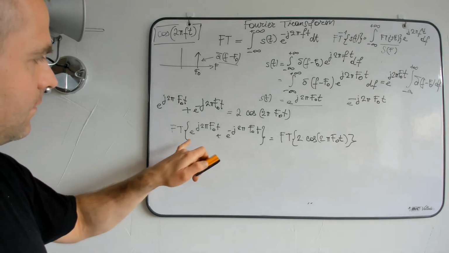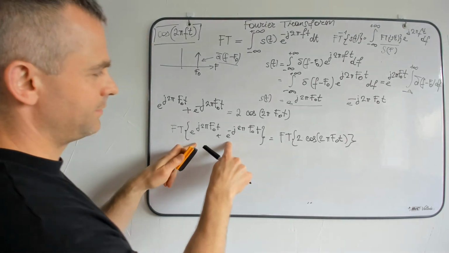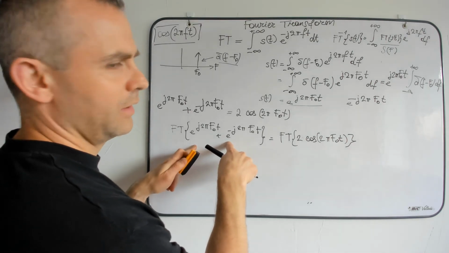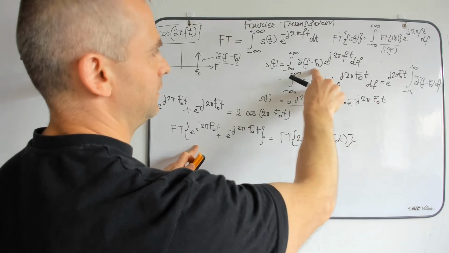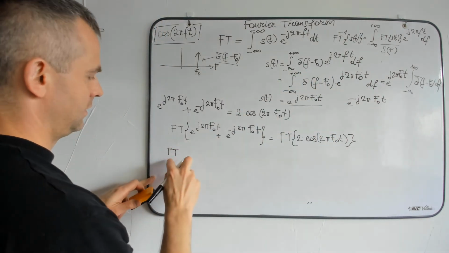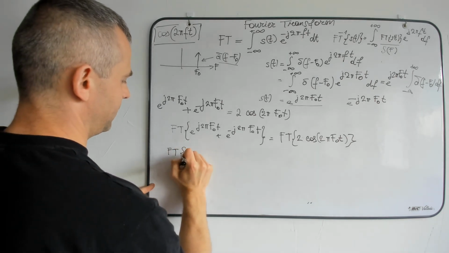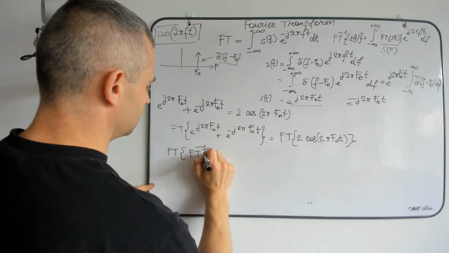But both values here come from the inverse of Fourier transform. So I can write Fourier transform of FT^-1 of what?